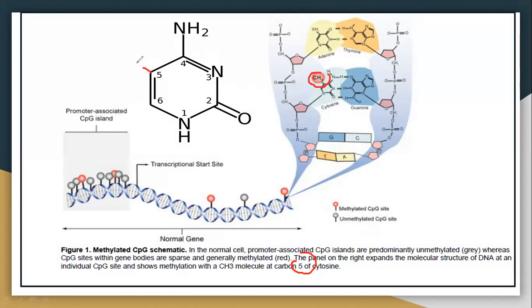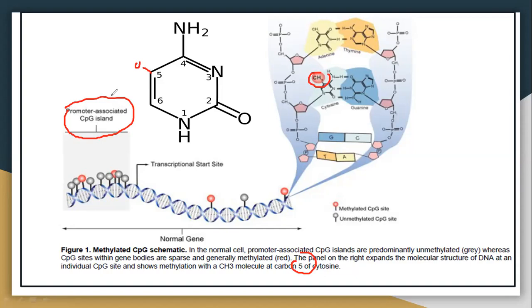Here the methyl group is added, in most cases at the promoter site of the CpG island. If the gene is repressed, there is a methylated CpG island. If the genes are expressed, or highly expressed, there is an unmethylated CpG island, right?